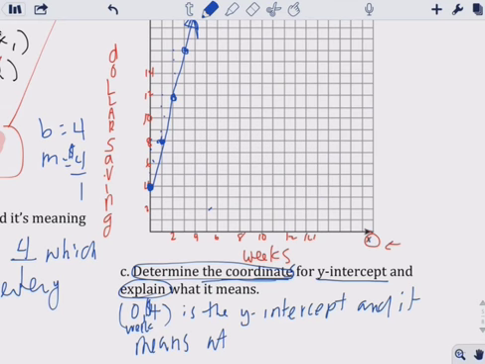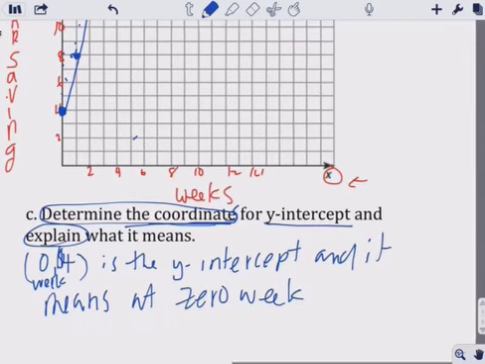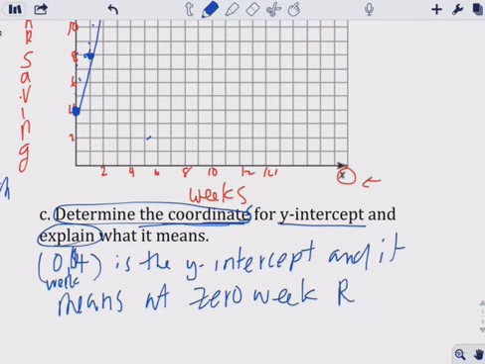At 0 weeks, who are we talking about? Raven has already saved $4.